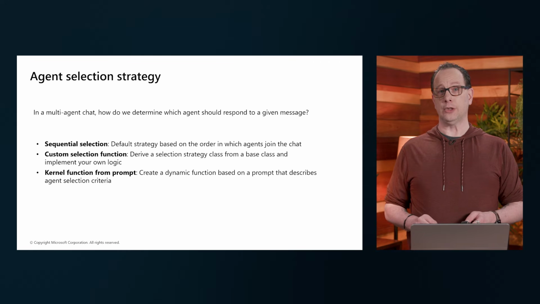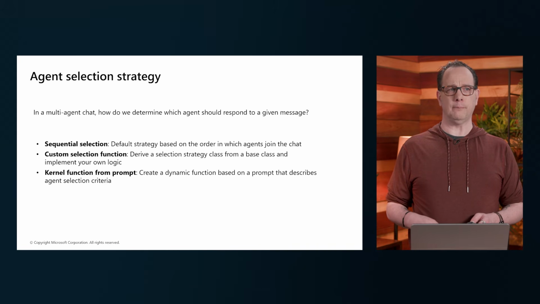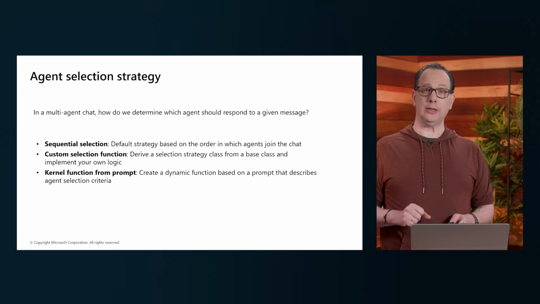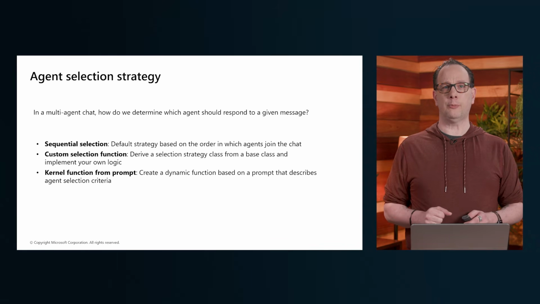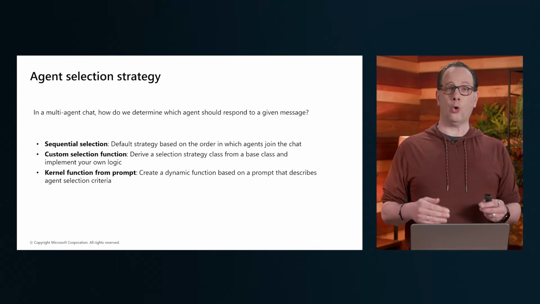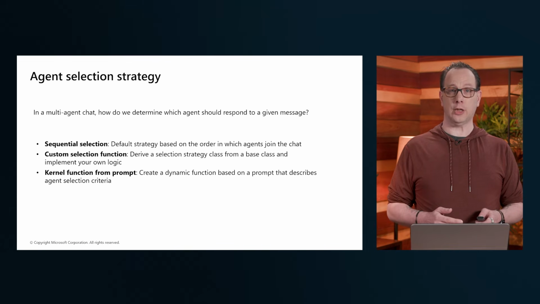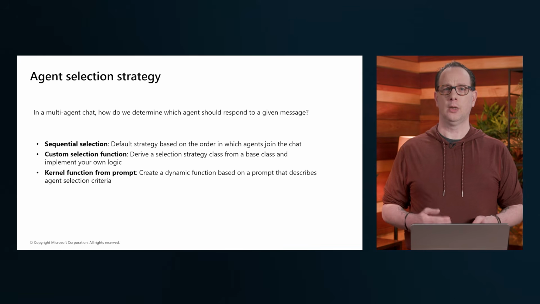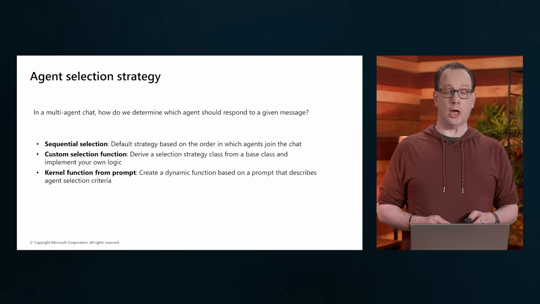For multi-turn agents, agent selection is determined by selection strategy. The selection strategy is defined within the framework, either by using a predefined selection strategy or by extending a selection strategy class to define custom selection behavior. As a developer, you can define the selection strategy when you create that agent group chat object.